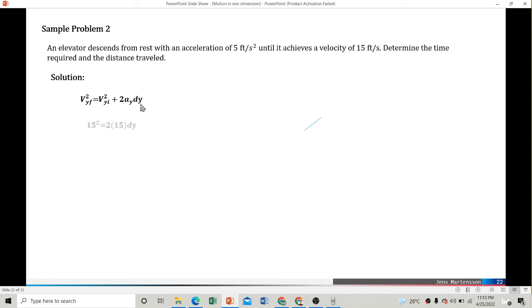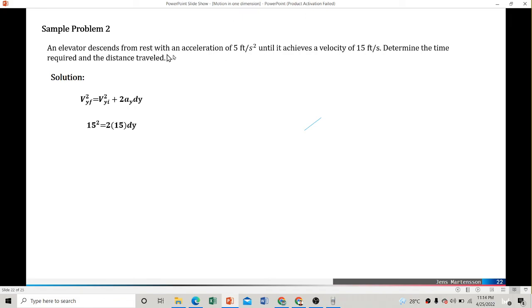So now we know that we have 15 feet per second as the final velocity. For our initial velocity, since the problem says the elevator descends from rest, our initial velocity with respect to the initial time is equal to 0.